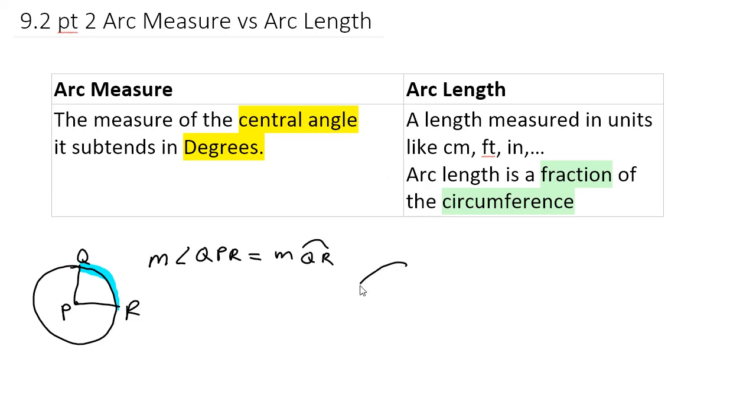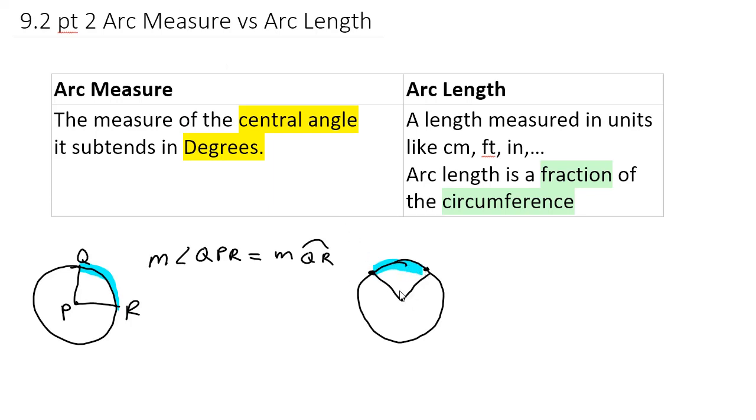Meaning that if I have a circle, and say I have an arc that goes from here to here, this much of my circumference is going to be based on a central angle. If that is my central angle, then I am looking at that much of the circumference.